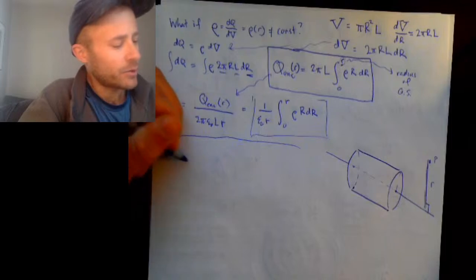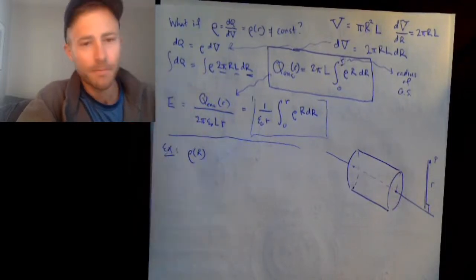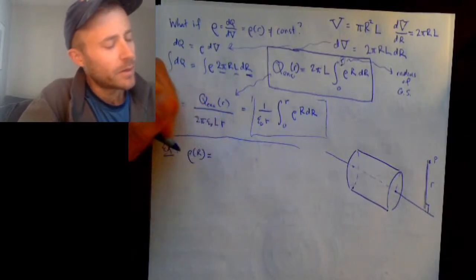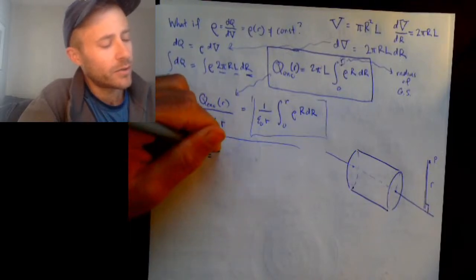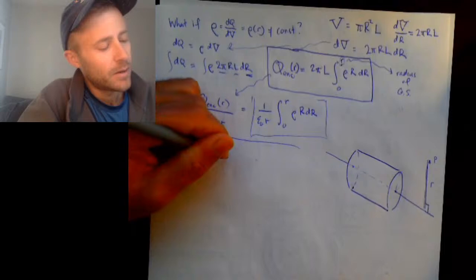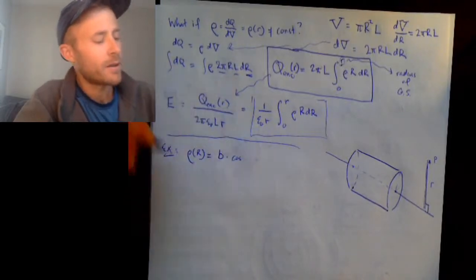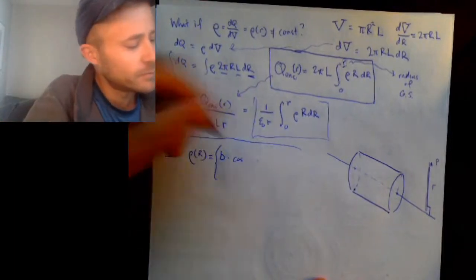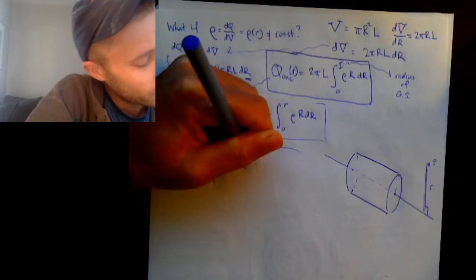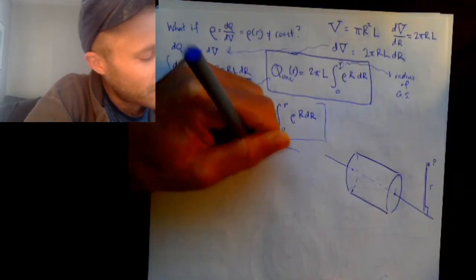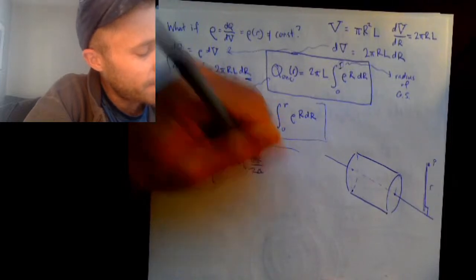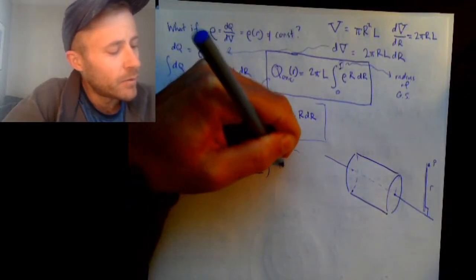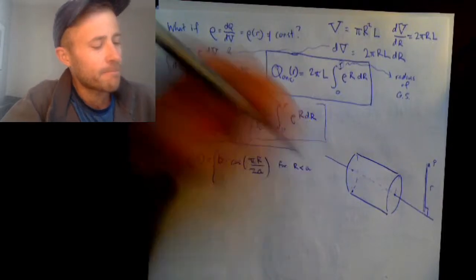What if we have our charge density as a function of big R equal to a constant, which I will call B, times cosine of pi R over 2a, and that is for big R less than a.